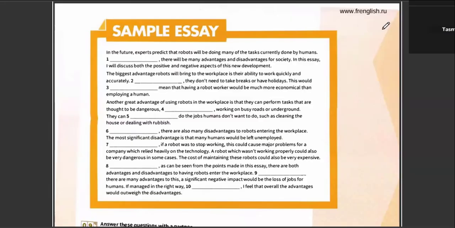As well as you can also look at the conclusion, how the writer of the sample essay is including his or her own opinion and summing all the information up all together. Okay, so this will be good for you as well. So take some time, you fill in the blanks, and then read the whole thing to me.